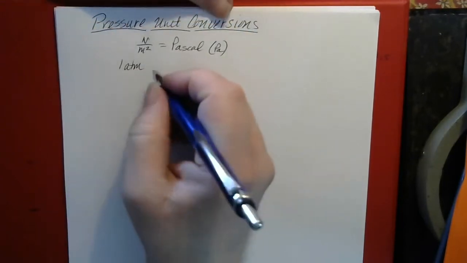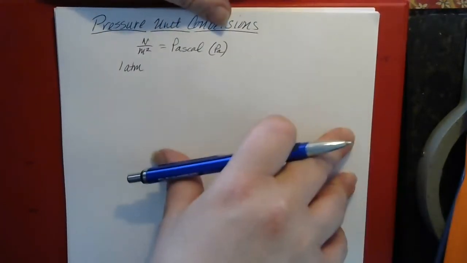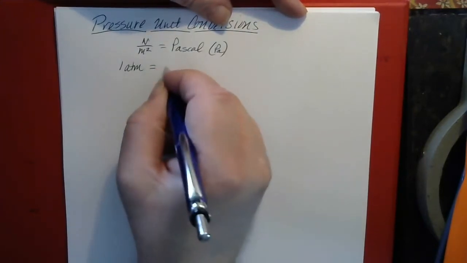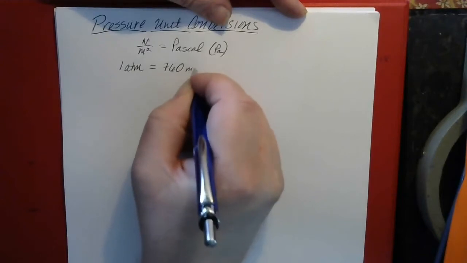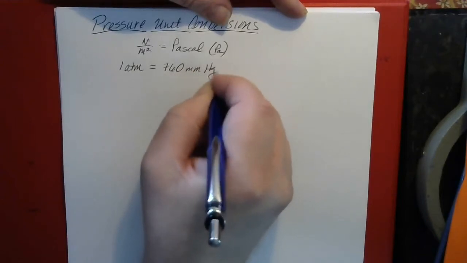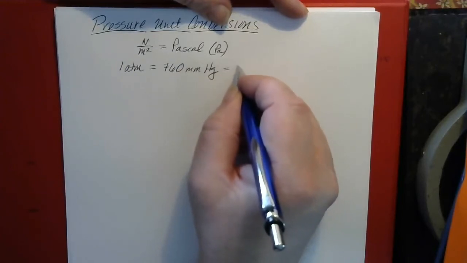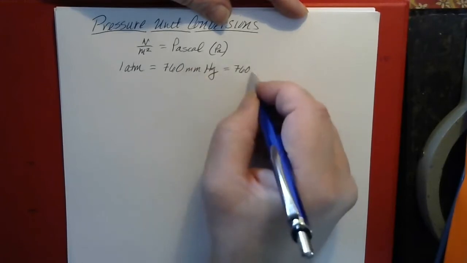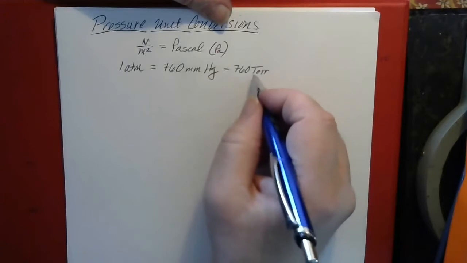and atmospheres. Remember that 1 atmosphere is the average atmospheric pressure at sea level at any given moment. And 1 atmosphere is equal to a column of mercury in a barometer that is 760 millimeters tall. And 1 millimeter of mercury is also known as a torr. So 760 millimeters of mercury is also known as 760 torr.